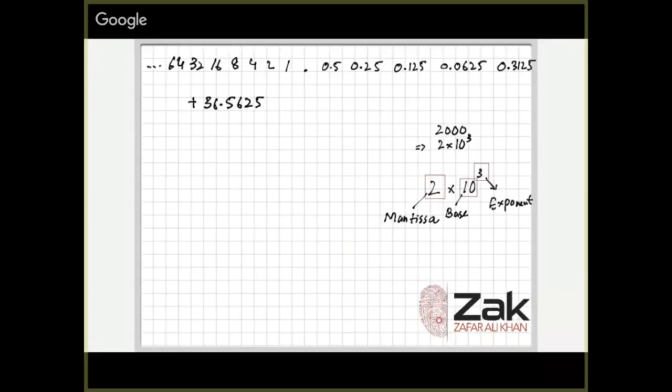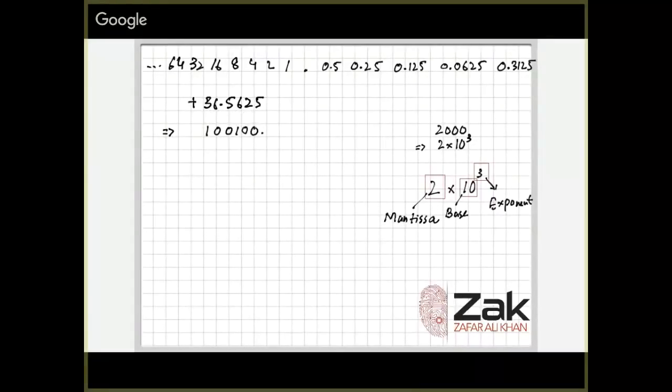Remember to put this sign. These are always signed. So 36, how do we get 36? 1, 2, 4, 8, 16, 32. That is 32 plus 4, that is 36.